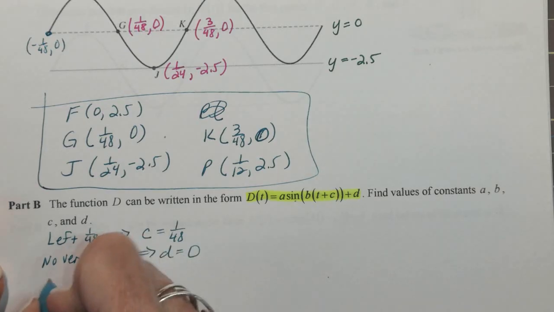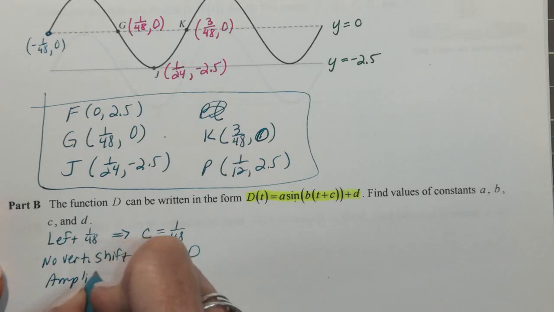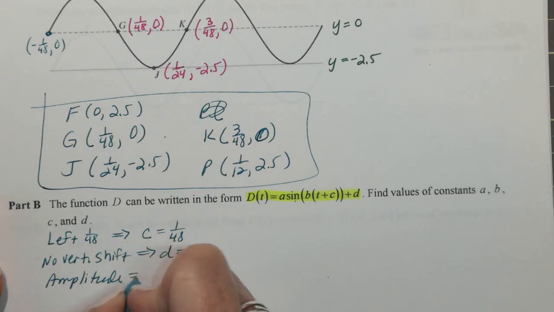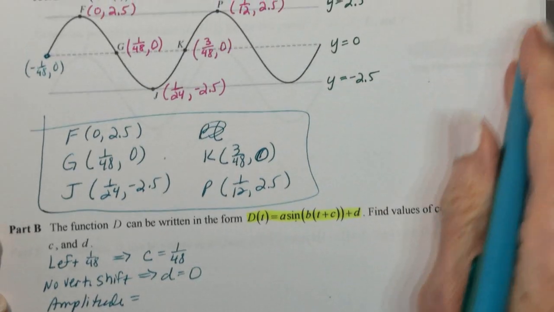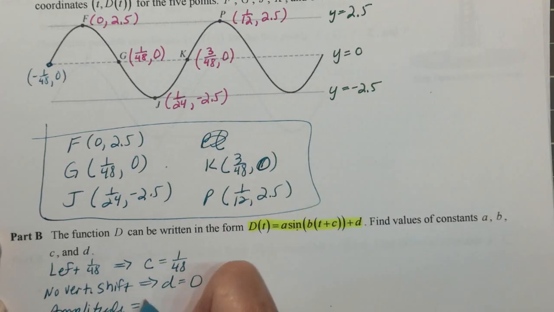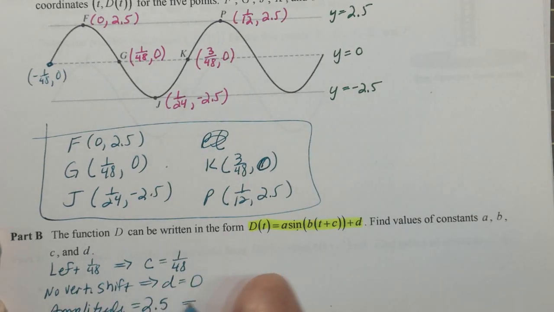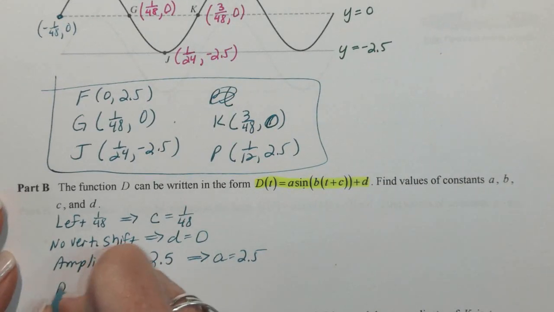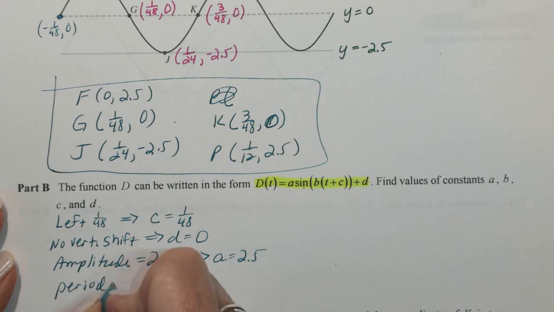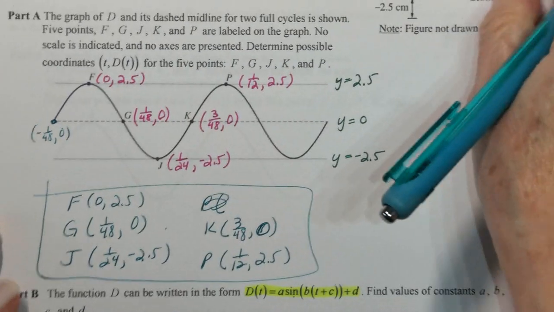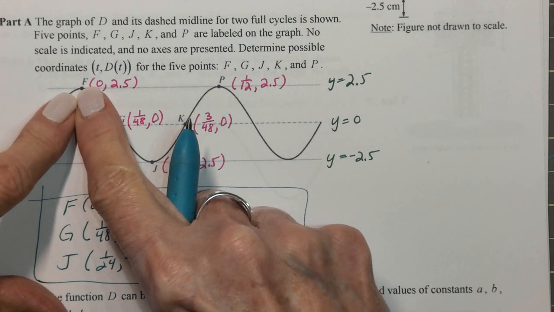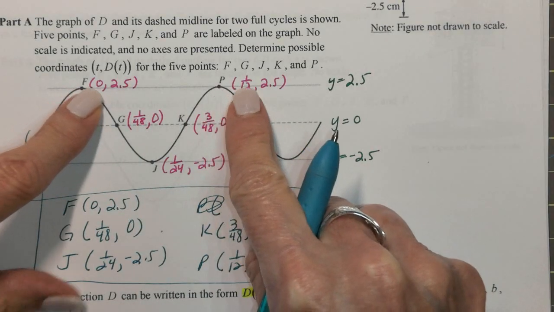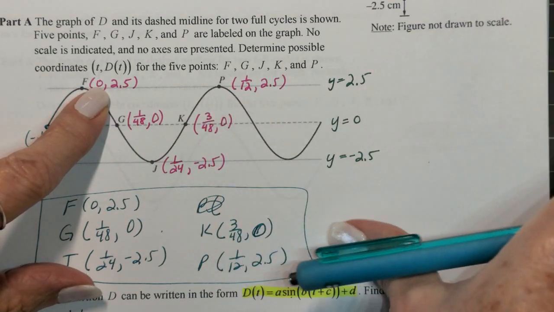Okay, let's do the amplitude. The amplitude here is 2.5, so A is 2.5. And now for the period. The period to go from high to high would be 1/12 of a second.